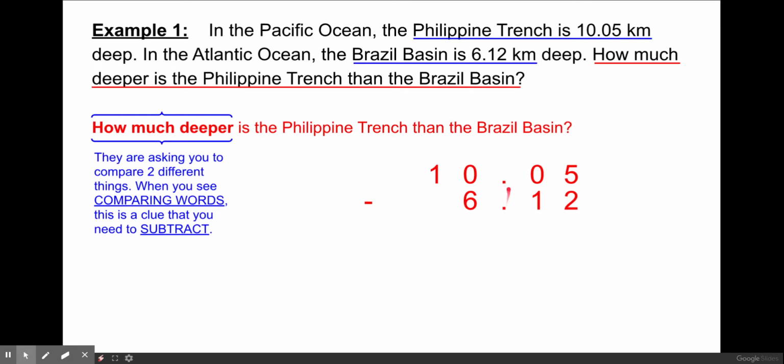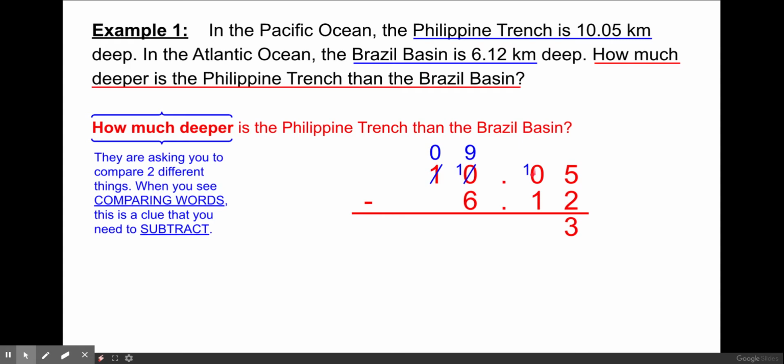And remember, we line up our decimals because when we add or subtract decimals, we have to line them up. All right, 5 minus 2. We're not adding them. So 5 minus 2, that's 3. 0 minus 1, that doesn't equal 1. You have to borrow. So 0 minus 1, you can't borrow from this 0, but you can borrow from this 1, which leaves us with 0. We're going to carry that 1 over, and we've got to borrow from that. So now we're left with 9 there.